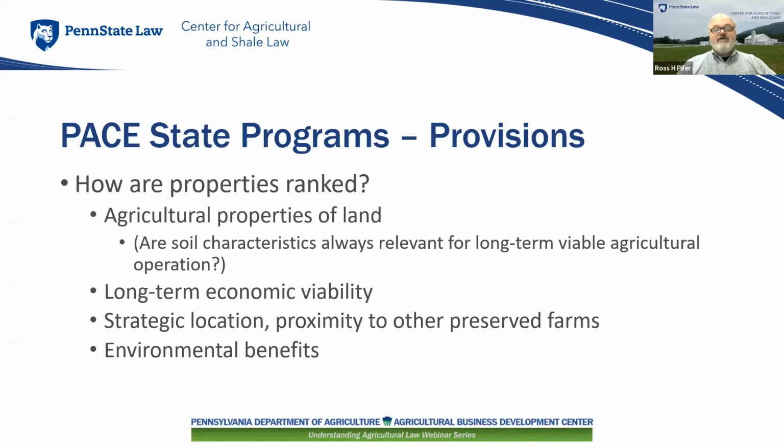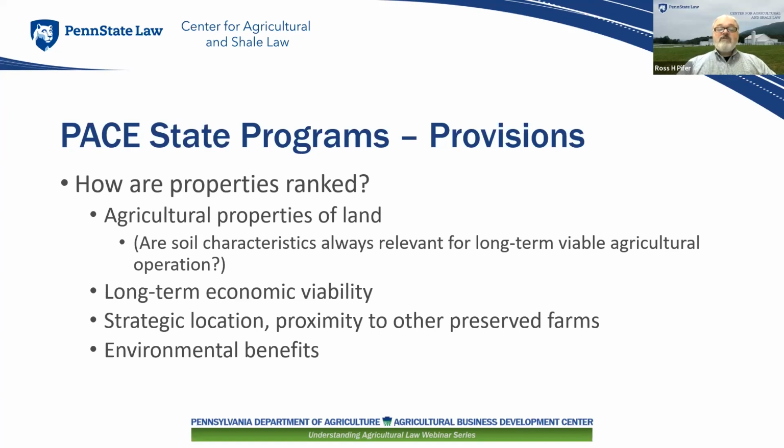And the criteria are pretty intuitive. How viable is this land long term for agriculture? Because you have to look at the long term. This easement is perpetual, so we want to make sure that if we're committing that public resource, this is land that should be in agriculture forever.